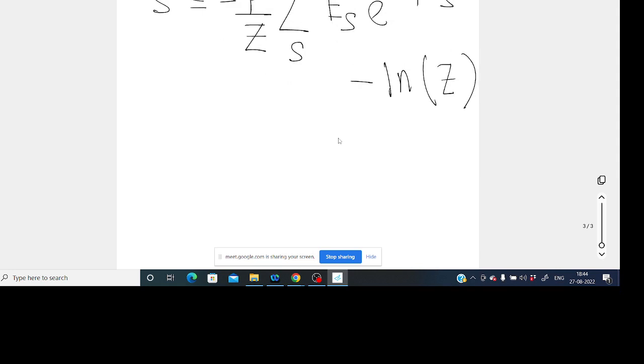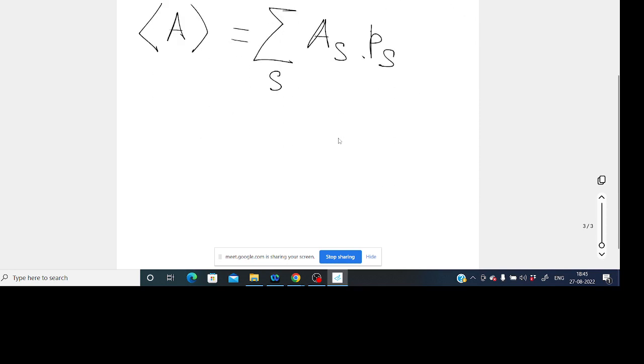Now let's consider one observable A. Now what is the expectation value or the ensemble average of this quantity? Ensemble average of this quantity is equal to sum over s As into Ps.